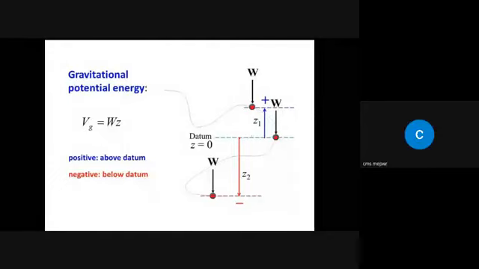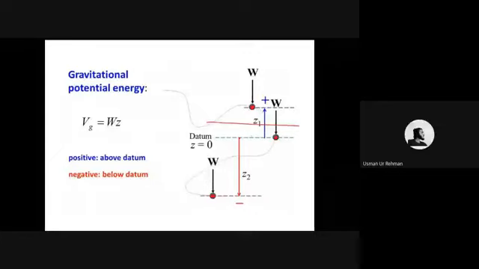For this datum, it will have some potential energy. If I put the datum over here, the potential energy will decrease. If I put the datum over here, the potential energy will change again. So the absolute potential energy depends on the datum.